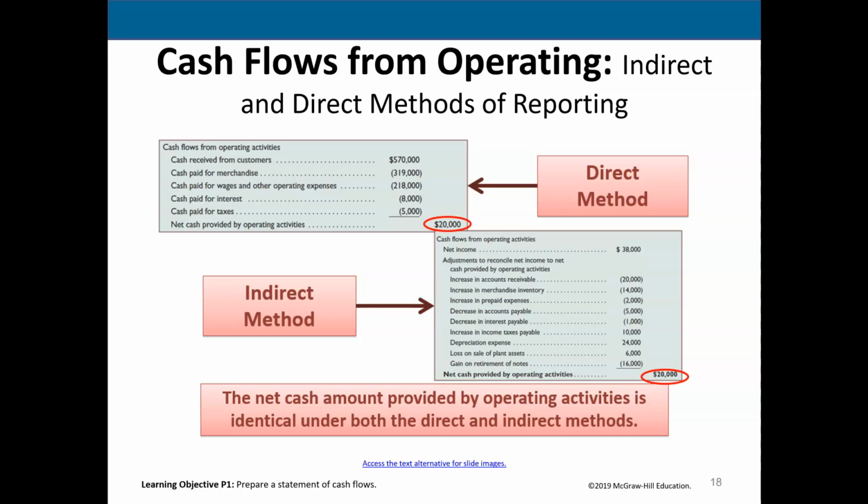And we end up with net cash provided by operating activities of $20,000. And that is an increase. But that's not what we have in cash. You know that we have $17,000 in cash. This is just a section from the operating activities. We still have the investing and financing to go through.